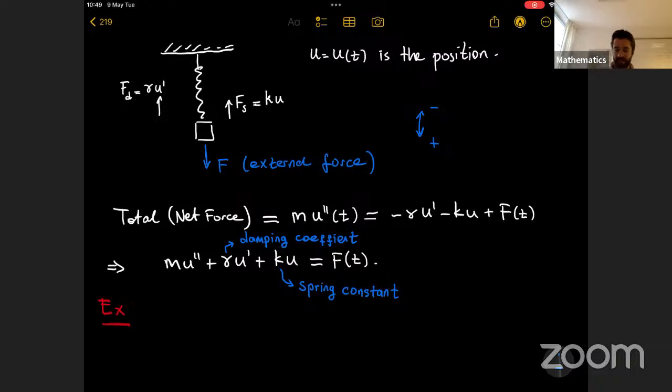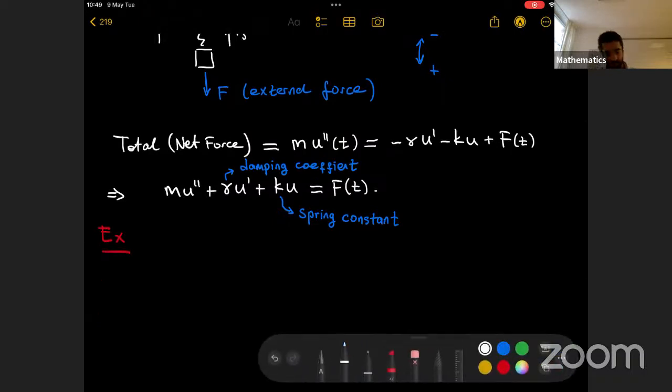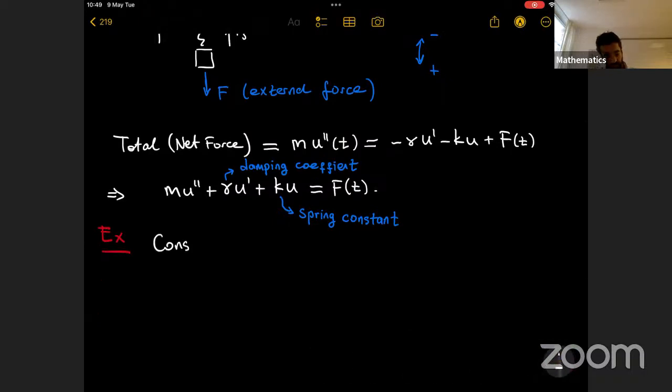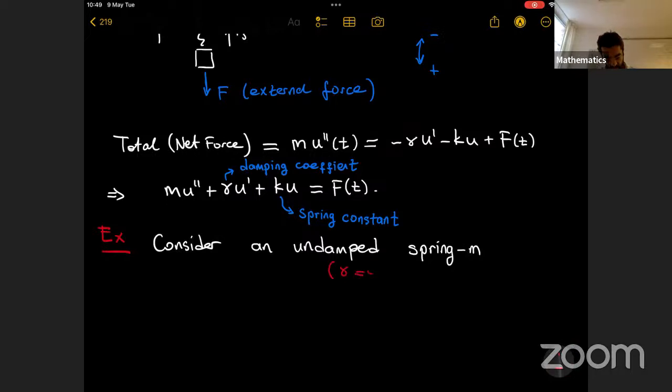Peki, all right, let's do this example. So we consider an undamped spring mass system first. Undamped means gamma is equal to zero, basically.